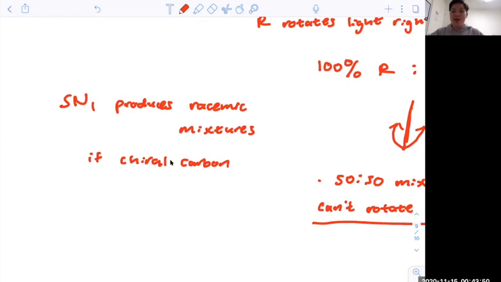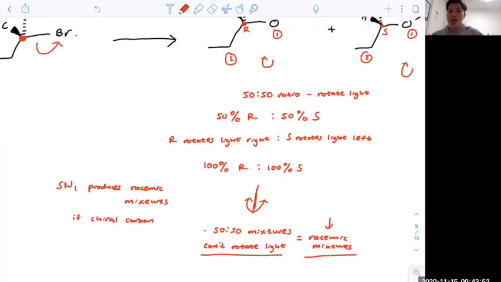So again, SN1 reactions occur in two steps instead of one. They have a carbocation intermediate, which is stabilized by either hyperconjugation or resonance. And tertiary carbocations are better, which means hydride shifts and alkyl shifts can occur.